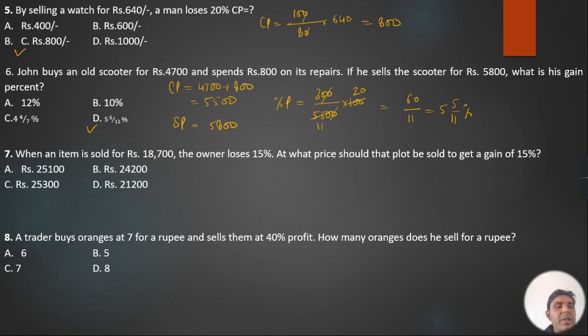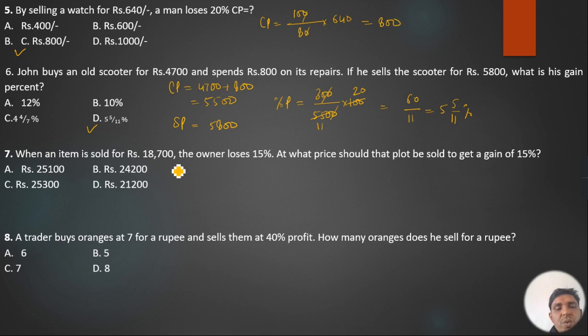Right? Okay. Coming to the next question, question number 7. The question is, when an item is sold for rupees 8700, the owner loses 15%. At what price should the plot be sold to get a gain of 15%? Right?